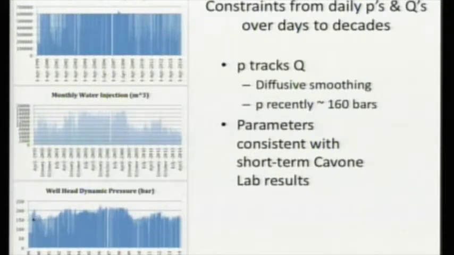And accompanying that is a gradual increase in injection pressure, followed by a decrease in injection pressure when the flux, the flow in and out of the reservoir, was varied. Okay, so we have constraints on the flow parameters on time scales from minutes to decades, and it turns out that those two estimates are remarkably consistent.